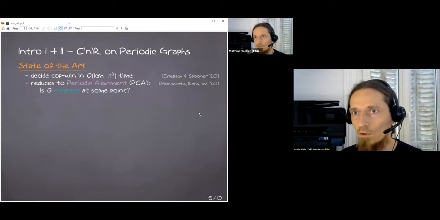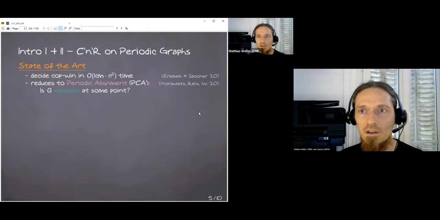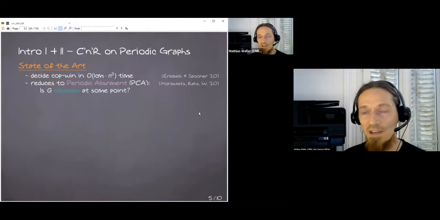we took upon ourselves to think about, and we thought, well, okay, that seems like a pretty hard problem. It is surely not easier than deciding whether the edge temporal graph is edgeless at some point.